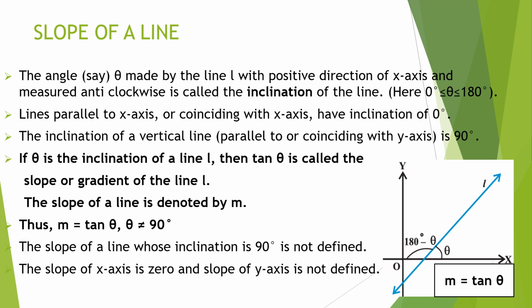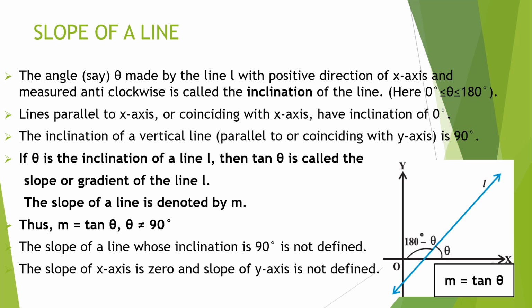Now it is clear that lines parallel to x-axis or coinciding with the x-axis will have inclination 0 degree, and the inclination of a vertical line, meaning parallel or coinciding with the y-axis, is 90 degrees. Now if theta is the inclination of a line L, then tan theta is called the slope or the gradient of the line L, and it is denoted by small m.